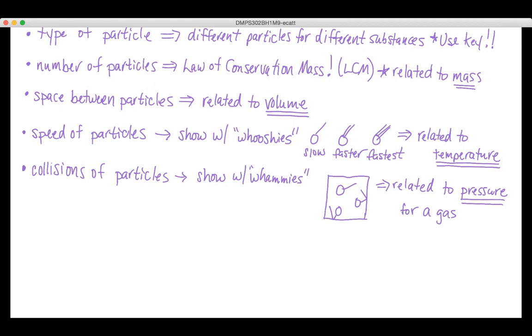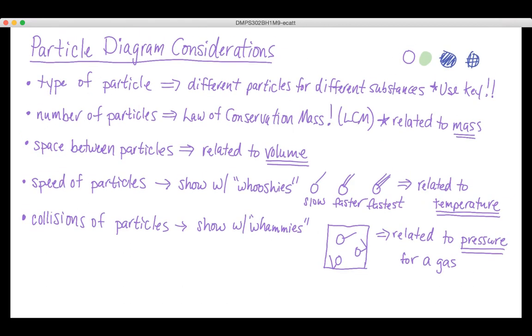So we talked about mass, amount of particles, volume, temperature, pressure. These are all the variables that we're looking at when we talk about the gas laws. So when you're drawing gas particle diagrams, you've got to really think about all these things and show all of them appropriately.